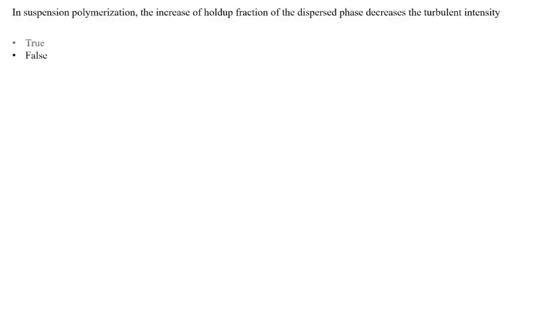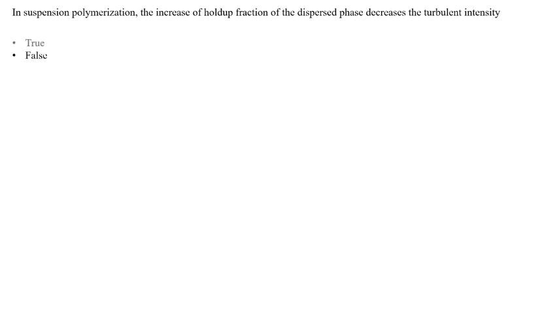In suspension polymerization, the increase of holdup fraction of the dispersed phase decreases the turbulent intensity. What does the term holdup fraction mean here? It is the fraction of the dispersed phase. The turbulent intensity, by which drop coalescence and breakage are governed, will definitely decrease with an increase of the holdup fraction of the dispersed phase.